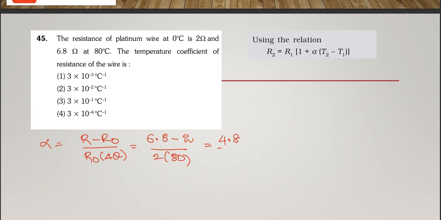So 4.8 by 2 into 80, I can write like this, 48 by 2 into 8 into 10 power of minus 2. So this will be 3 into 10 to the power of minus 2 per degree. So this will be your answer.